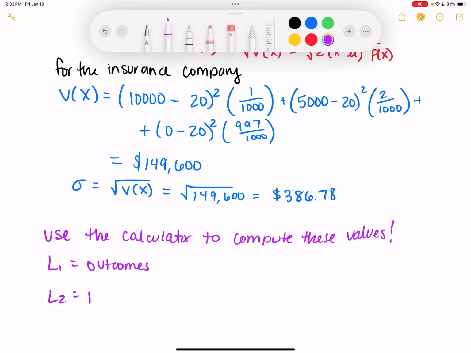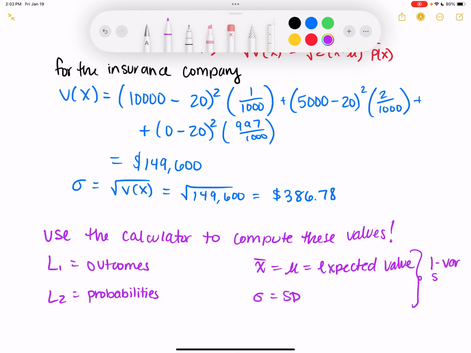L2 is going to be your probabilities. X bar is mu, which is your expected value. And sigma is your standard deviation. And remember to find these values, it's one variable stats for L1 and L2.